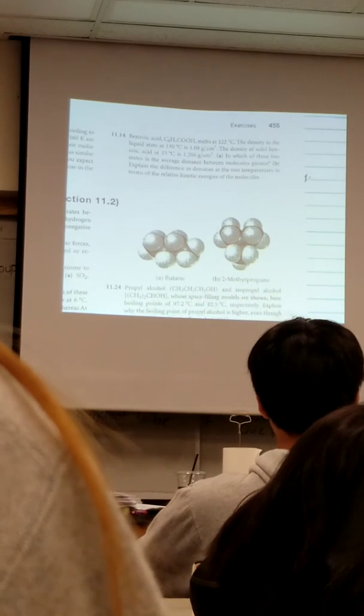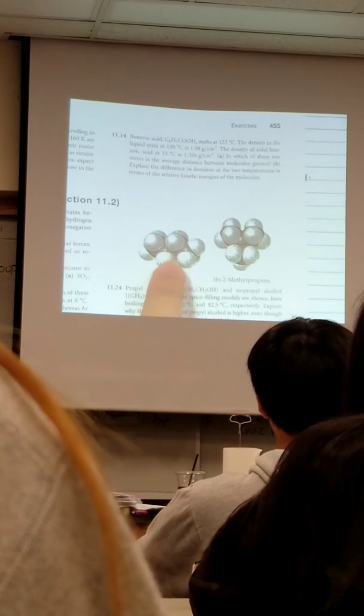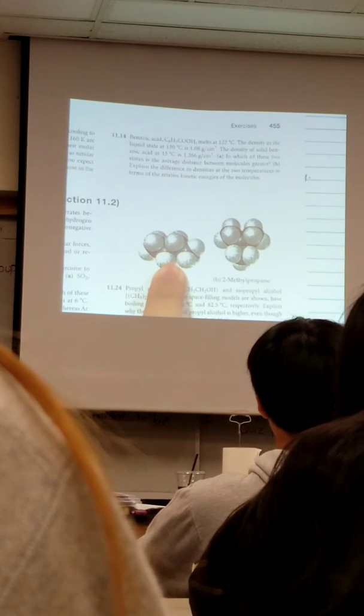So again, in terms of explaining which has what, because this has an easier time distorting the electrons to create those induced dipoles, we expect this form to have a higher intermolecular force, leading to a higher boiling point, okay?